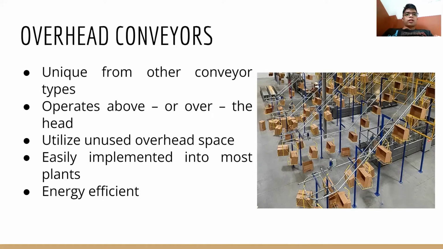Overhead conveyors are easily implemented into most plants as their modular design is meant to work around the complicated twists and turns of on-floor machines. They are energy efficient and use smaller amounts of power than most other conveyor types, if powered at all.